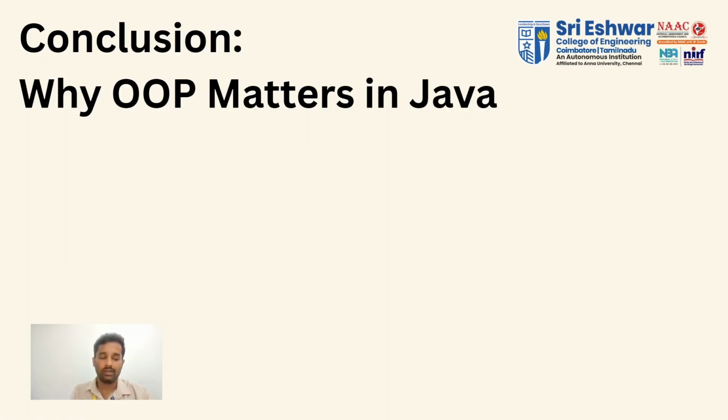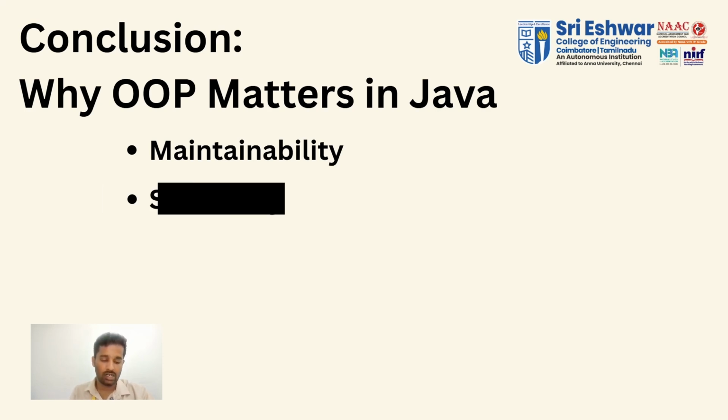So with this, we are going to conclude the OOP concepts of Java and why OOP matters in Java. First one is maintainability. When we use the OOP concepts, the code is easier to debug and modify due to the isolation provided by encapsulation, and scalability.